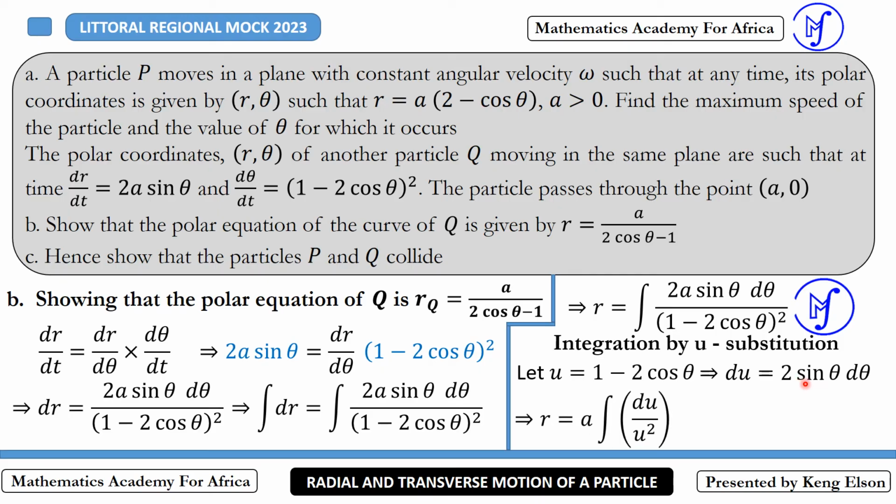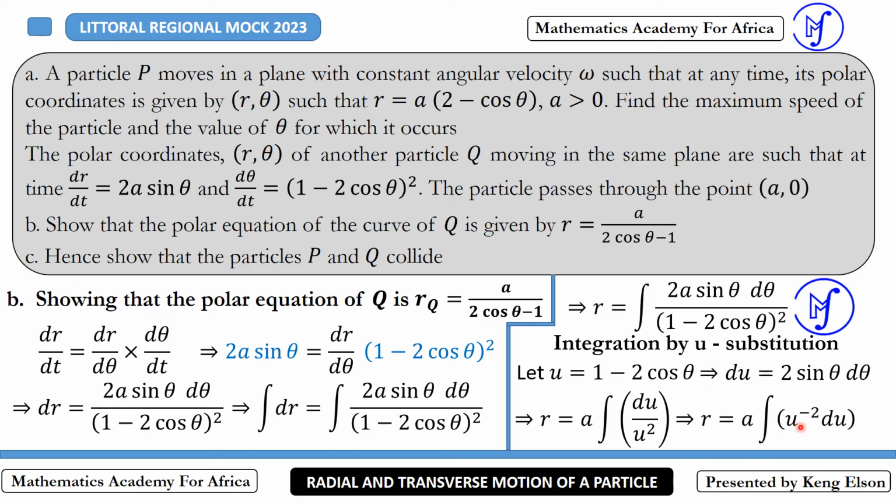Now we clearly see that our r here is equal to a times the integral of du divided by u squared, because our a here is a constant, so we pull it out of the integral. Now we see 2 sin theta d theta is du, that is in the numerator, and then (1 minus 2 cos theta) all squared becomes u squared, because our u was 1 minus 2 cos theta.